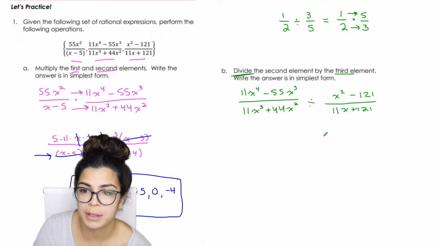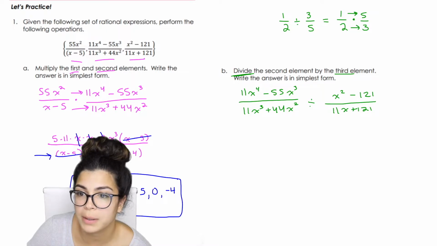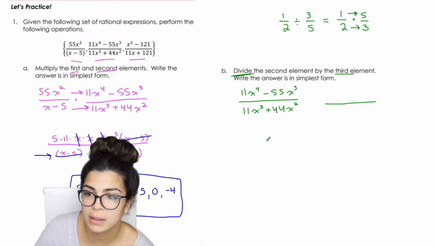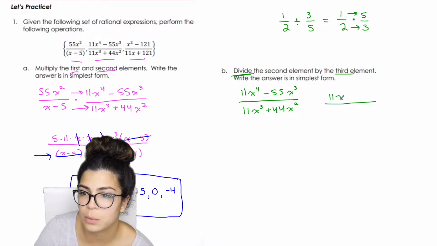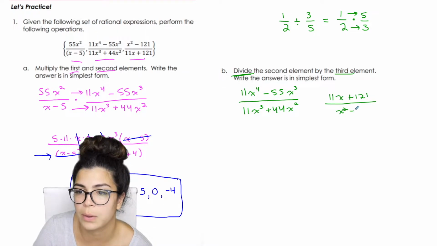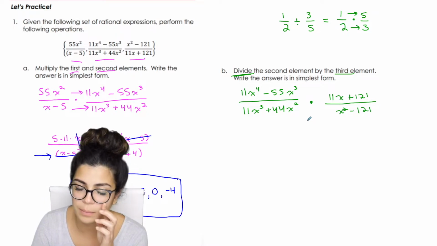So that's exactly what I'm going to do here. I'm going to change this division to multiplication, and I'll flip over this third element, and it will become 11x plus 121 over x squared minus 121. So I'm flipping it around and changing the division to multiplication.